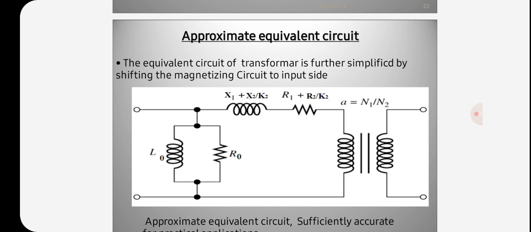So here percentage regulation is equal to voltage drop by no load secondary terminal voltage into 100, that is equal to I2 R02 by no load E2 into 100.